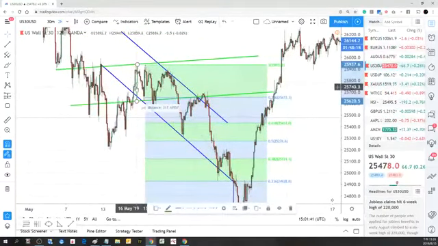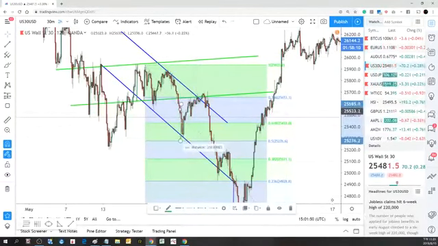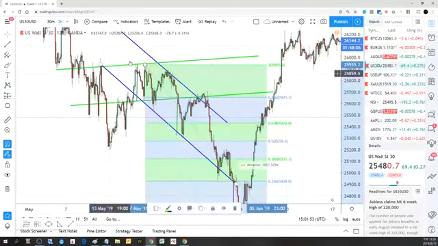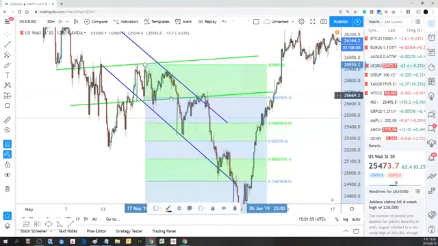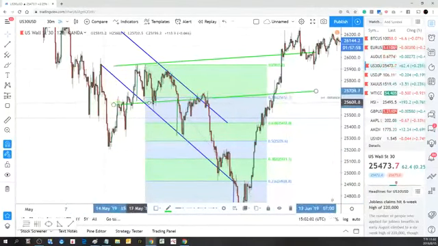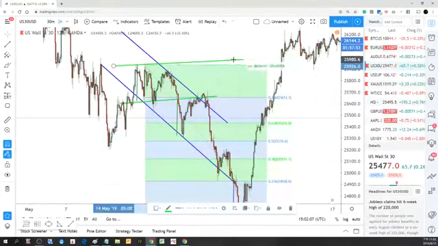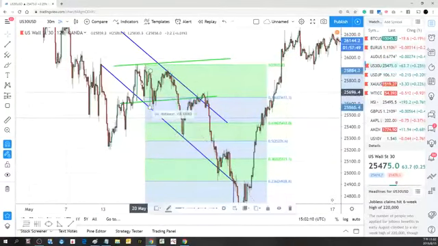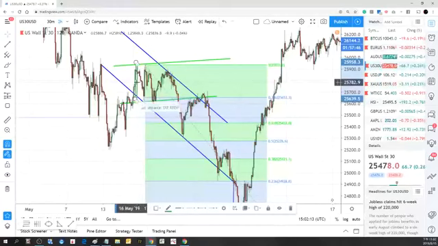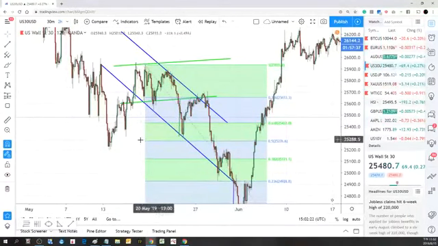So let's see if this green channel is the right one that we have been drawing. Here this one breaks the green channel, and you can regard this as the small channel it is forming. So this is the cycle top, this is the neckline, and when it breaks, see what the market does, to see if it confirms the channel that we're trying to draw.